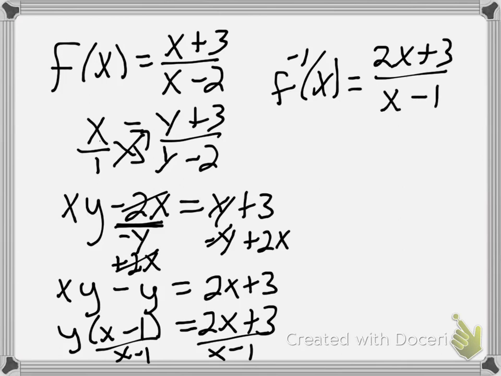So again, with these you want to switch your x's and your y's, and then I always cross multiply. I think that is the easiest method. Then to get it in y equals, you have to get all your y's on one side, pull out the greatest common factor, and then divide it out.